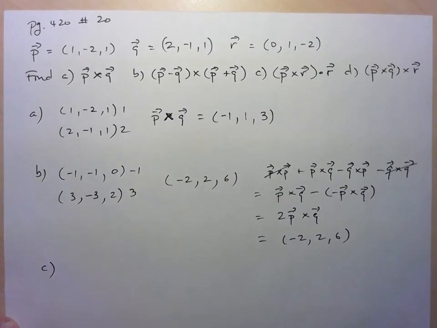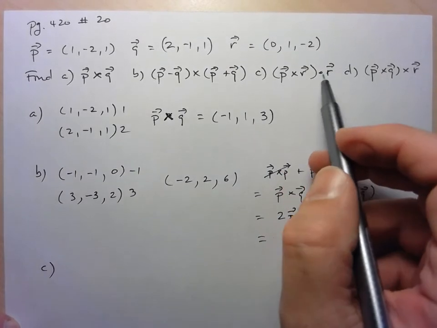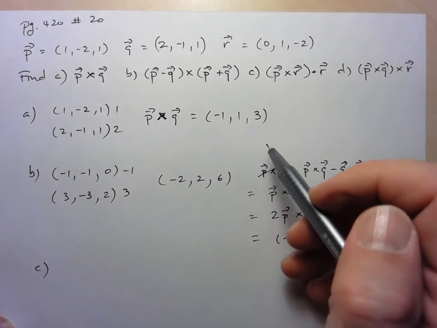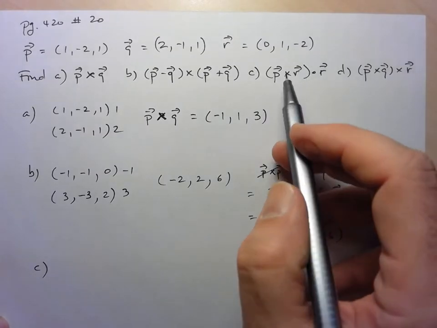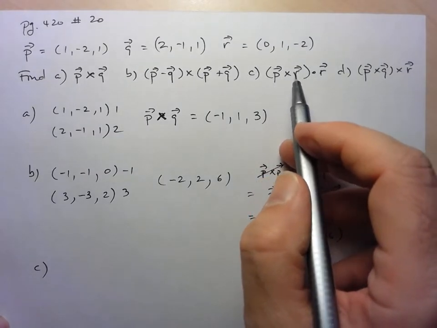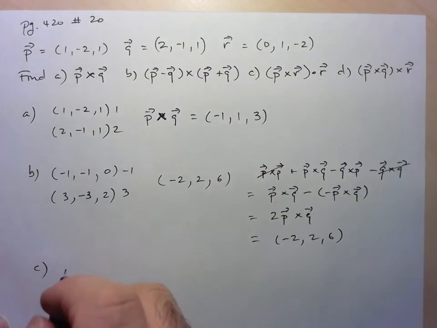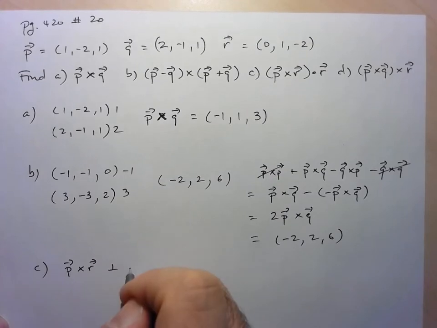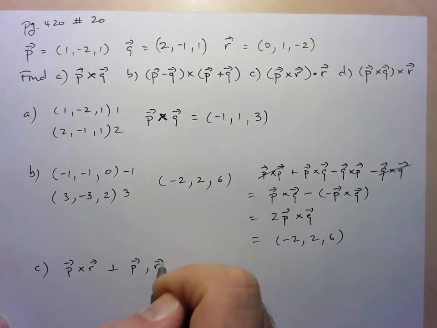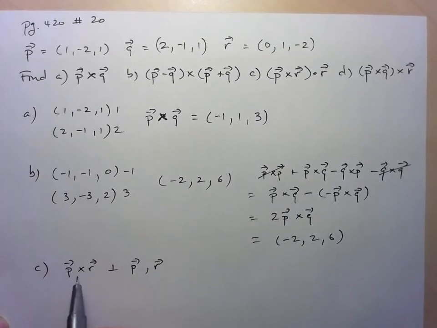Okay, now part C, again, I could grind this out, but I really think there's a much easier way to do that, because what does P cross R give you? P cross R is just perpendicular to both P and R. That's how we defined this cross product.